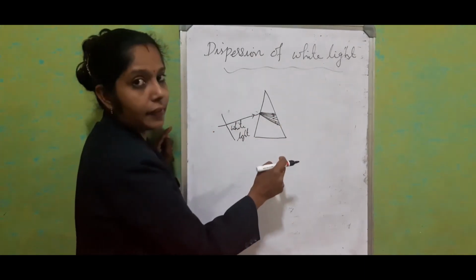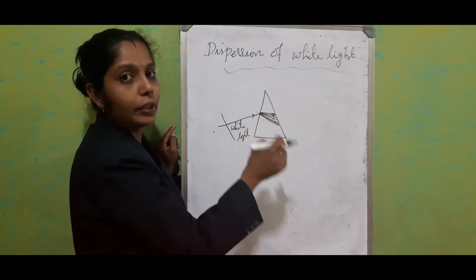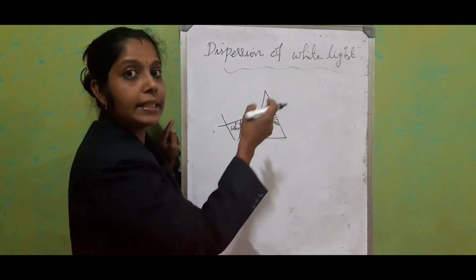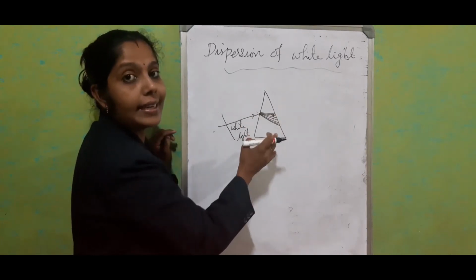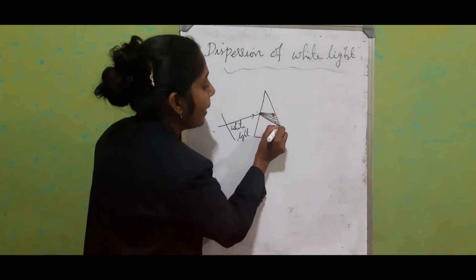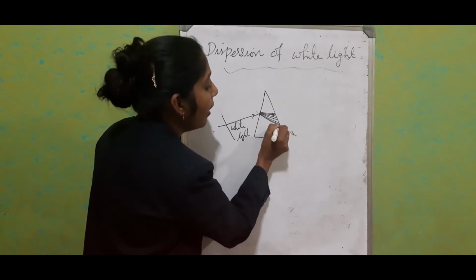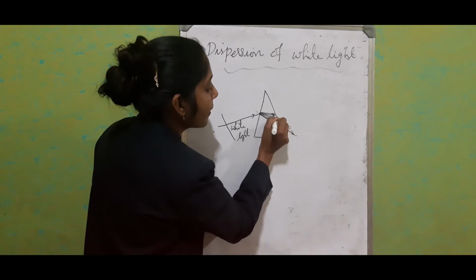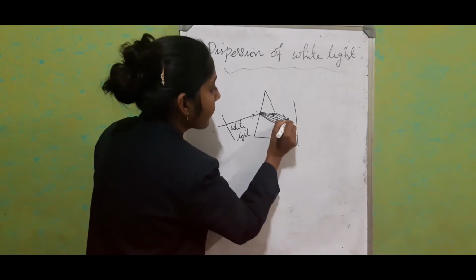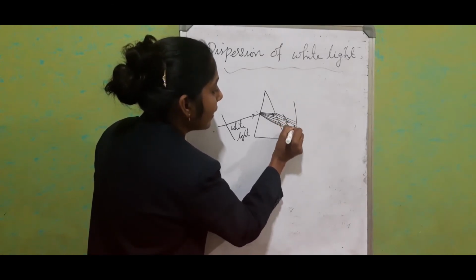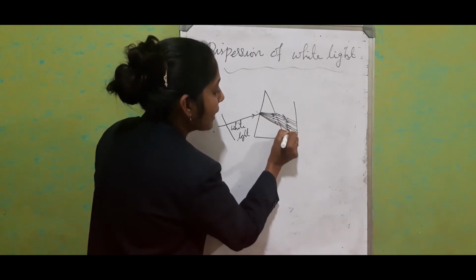At the second surface we have 7 colors, so I am not drawing the normal. What happens at the second surface? The light ray is traveling from denser to rarer medium, so it bends away from the normal, or it has to bend towards the base. He placed a screen here, so all these rays come and hit the white screen.